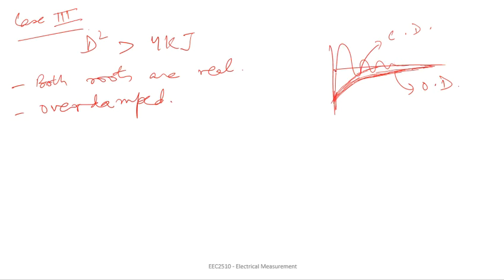Although this system is reaching the final value in the quickest way, faster than all the three, there will be oscillation about this final value. It will go beyond the final value, then come back again, then again go beyond that value. So certain oscillations are there before reaching the final steady state value.